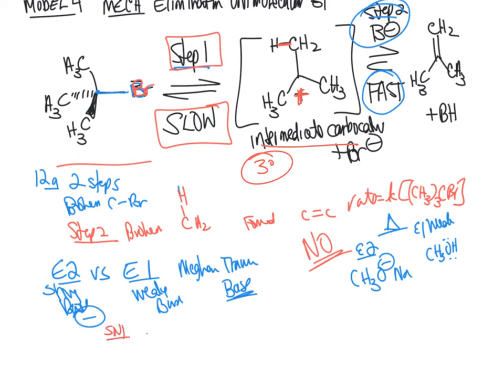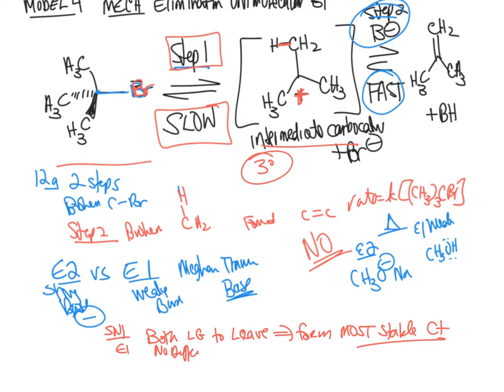Okay, well in SN1 and an E1, they both rely on the leaving group to leave. And then they have to form the most stable carbocation. That's a similarity. They got to form the stable carbocation. The differences for the first step, there's no differences in the first step. No difference.